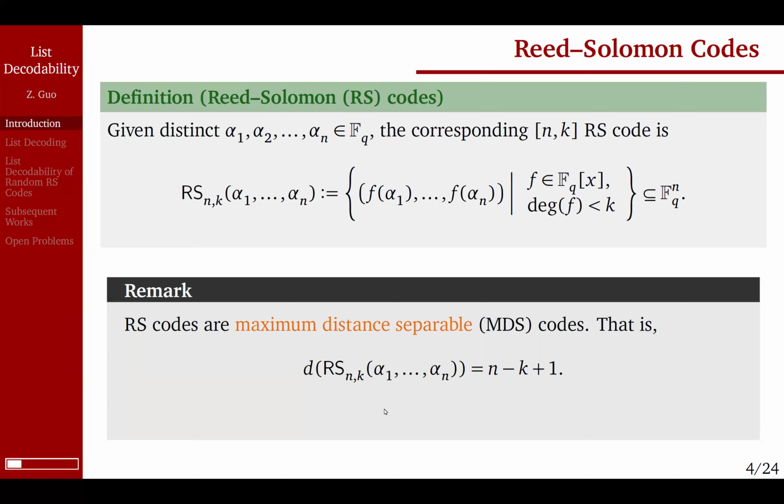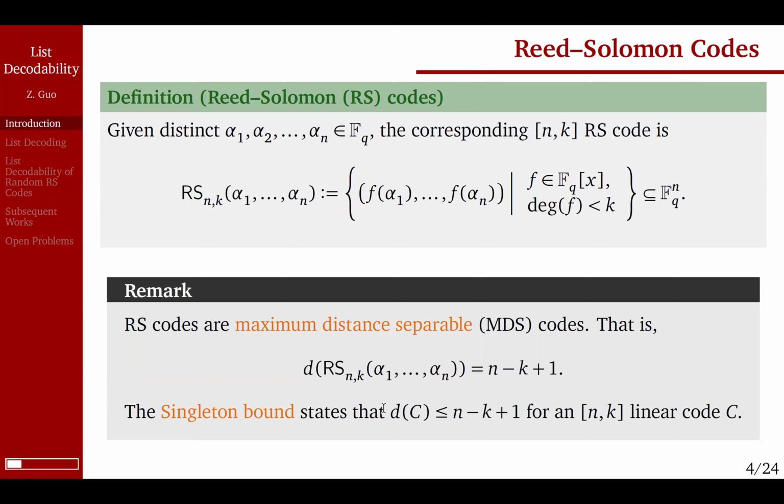Actually, the distance is exactly n minus k plus 1. Codes that achieve this n minus k plus 1 are called maximum distance separable codes, MDS codes, and so the Reed-Solomon code is an example of an MDS code, which is optimal because of a bound called the Singleton bound, which says the distance is at most n minus k plus 1.